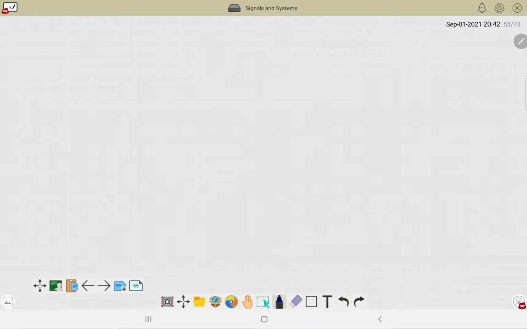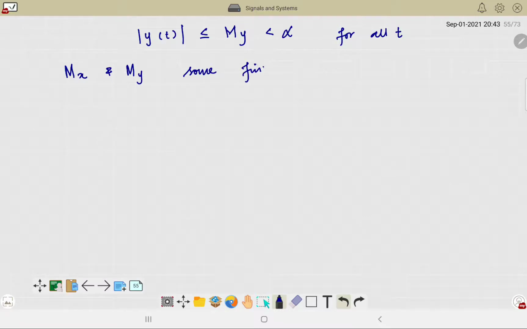Fine. And when you give this type of input, the output should satisfy this: the magnitude of the output should be less than or equal to some value, say M subscript y, which should be less than infinity for all time. Right? And these two, M subscript x and M subscript y, represent some finite quantities. Fine. So this is the definition of stability here.